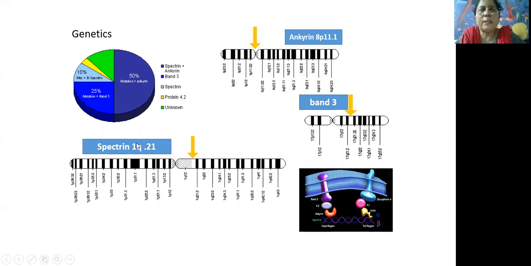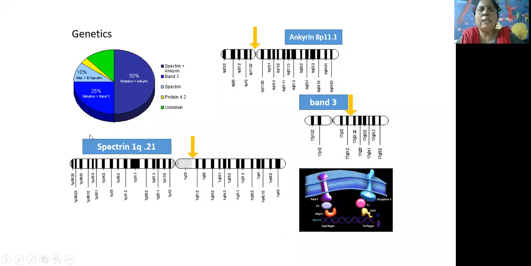Spectrin is on chromosome number 1, long arm, at region 2-1. Ankyrin, 8th chromosome, short arm, at region 11.1. Band 3, chromosome number 17, long arm, at region 1-2.